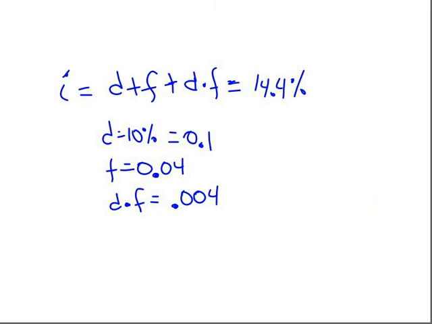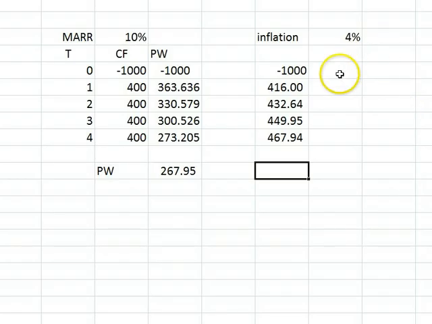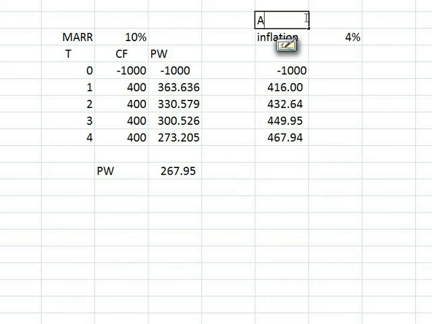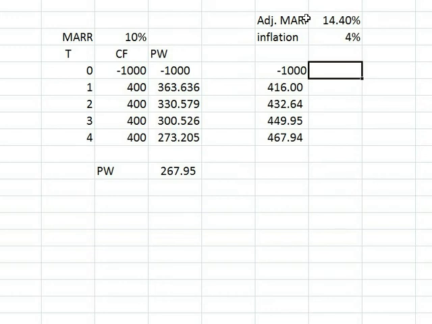Let's look at that. So now what we need to do is use the adjusted minimum attractive rate of return, adjusted for inflation, which we said is 14.4%. And we're going to use that to compute the present worth just like we did before. These were the cash flows.